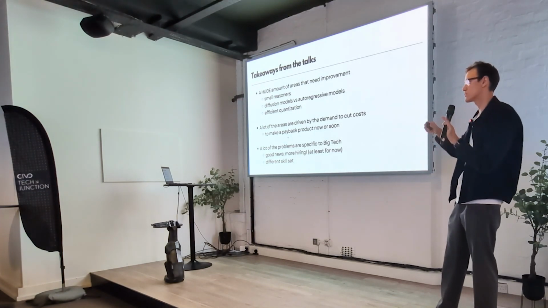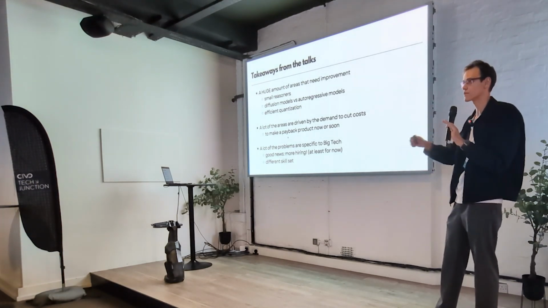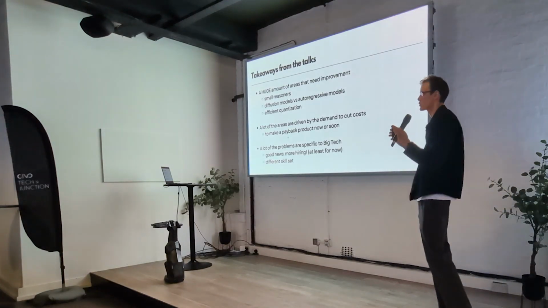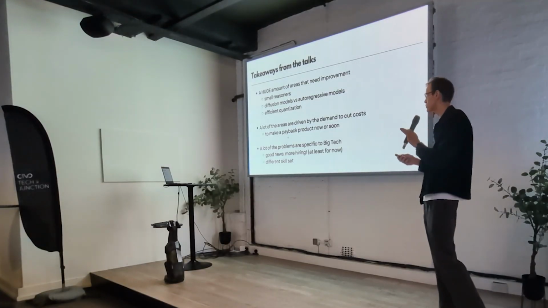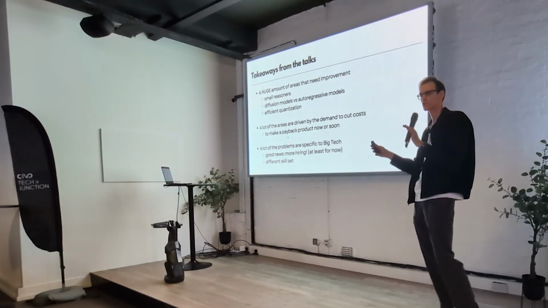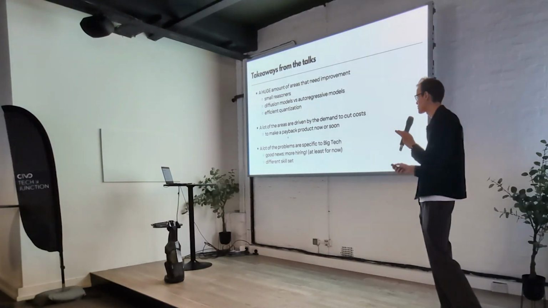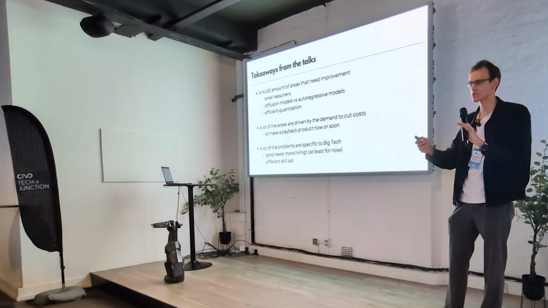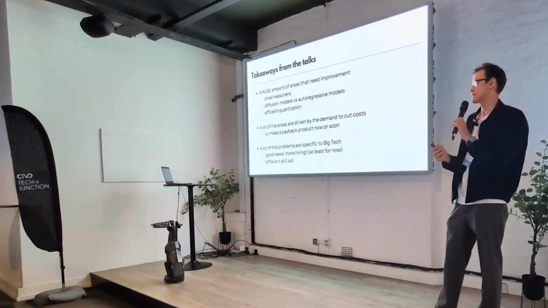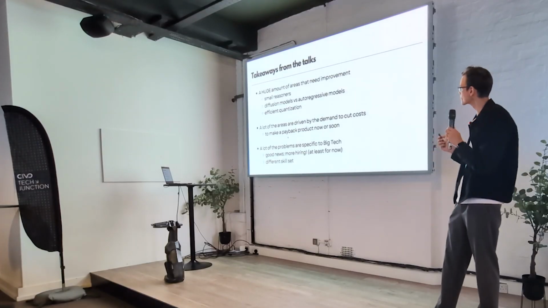And that's why a lot of these problems are very specific to big tech, because that amount of scale, that amount of compute is only available there. And it's good news because there is more hiring, they need more people to do this. But the skill set changed a little bit. Now they don't need classical software engineers, they need more specialists, more people involved in performance optimization, distributed training and so on.